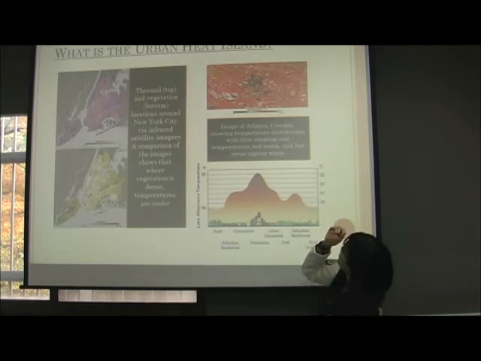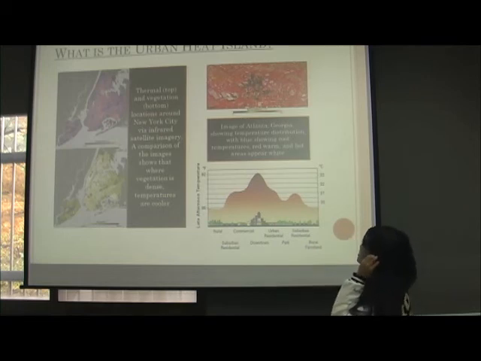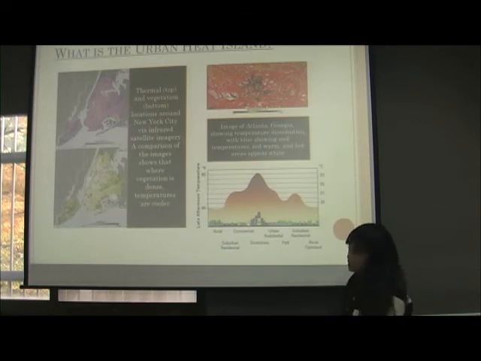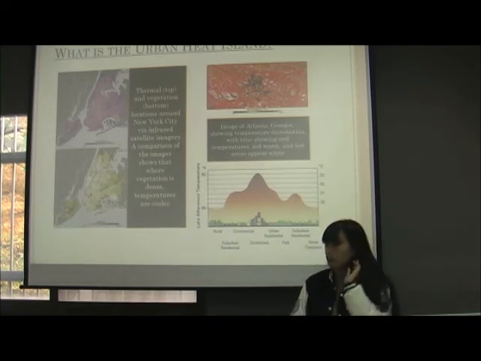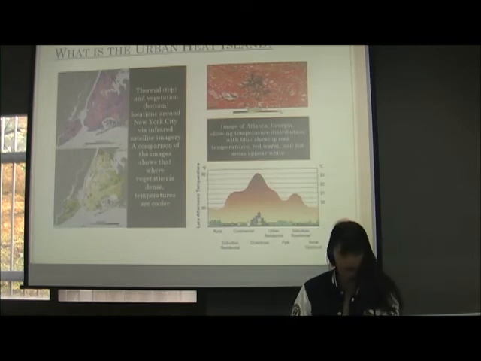And this picture is of Atlanta, and this shows the temperature distribution, with blue showing cool temperature and red warm, and hot areas appear white. We can see lots of white and hot color in the space with many high buildings.